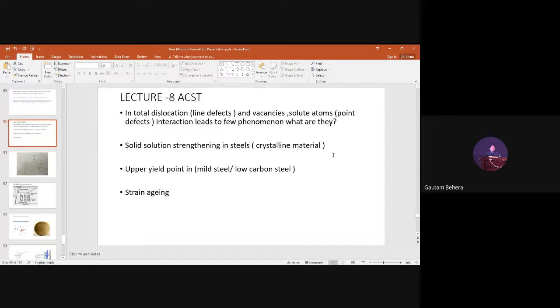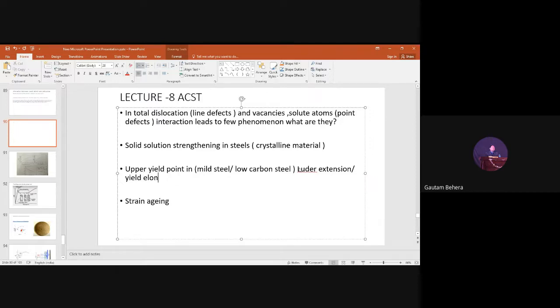So today we'll discuss the upper yield point in mild steel or low carbon steel, or in some other alloys like aluminum alloys and plastics. This upper yield point phenomenon is seen along with Ludar elongation, Ludar extension, or you can say yield elongation.